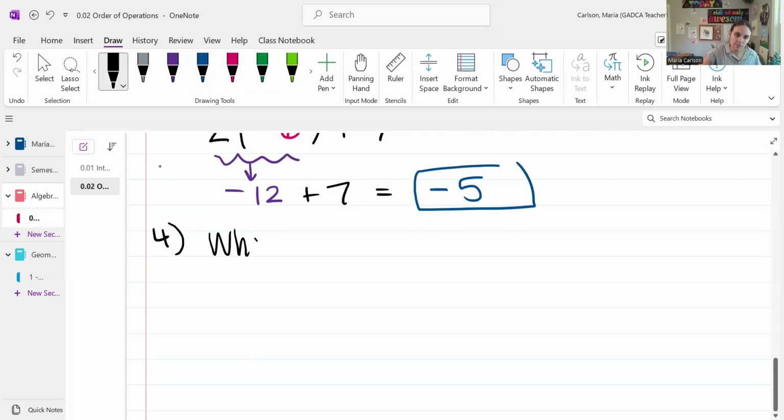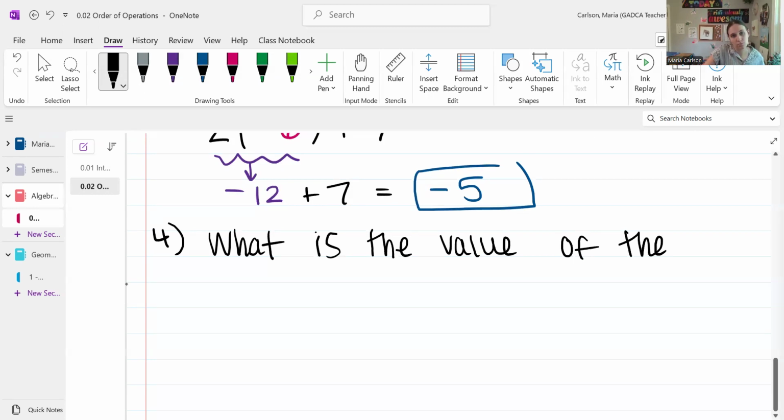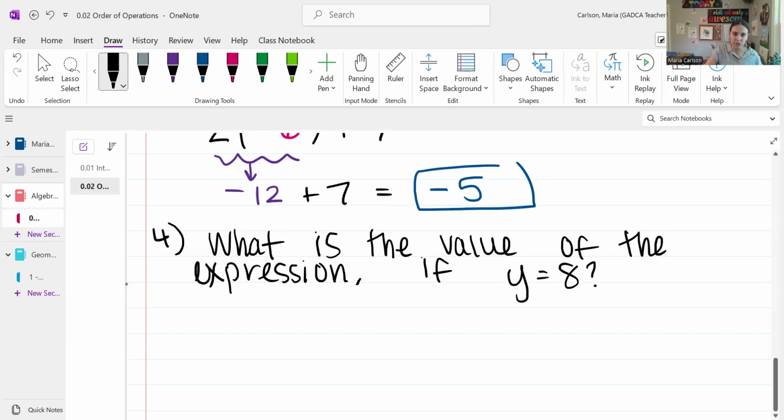What is the value of the expression if y equals 8? And our expression is 3y squared minus 4y plus 10.